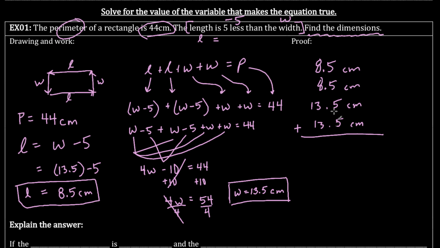So these give me 22, and 16, 17, 18, 19, 20, 21, 22, 23, 24, and 2, 3, 4. So 44 centimeters when I combine those lengths and widths.